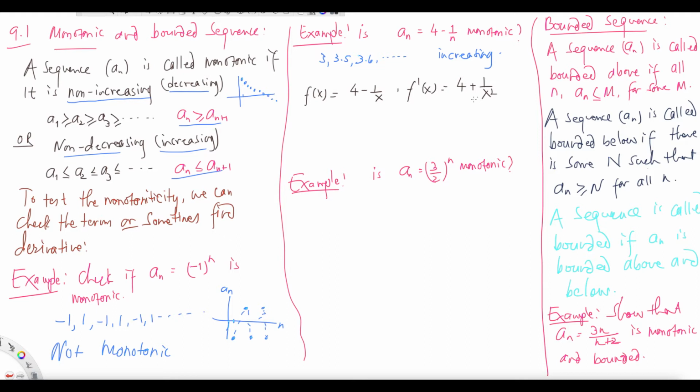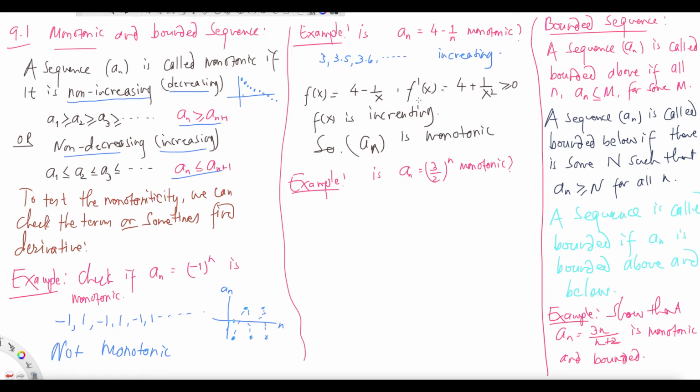Is this value positive or negative? It is always greater than or equal to 0, right? Because 4 is positive and 1 over x square will be positive always. So positive plus positive is always positive. So f prime of x is positive, meaning f of x is increasing. Hence it is monotonic. So s of n, because s of n is the same as f of x here, s of n is monotonic.